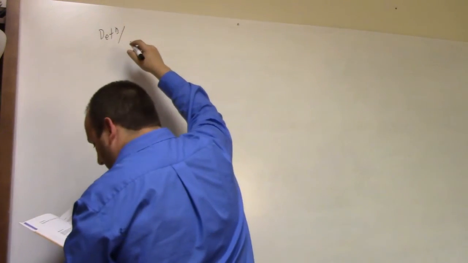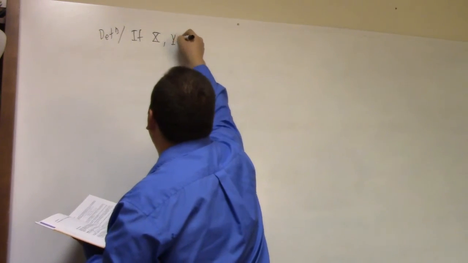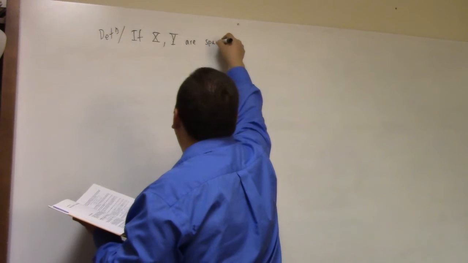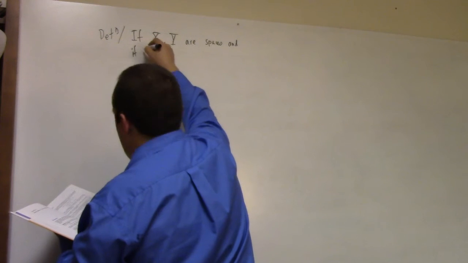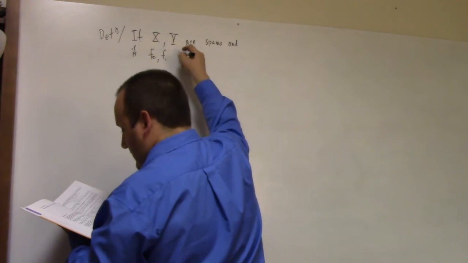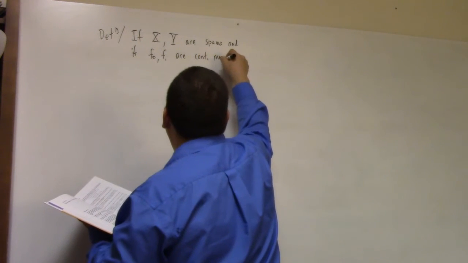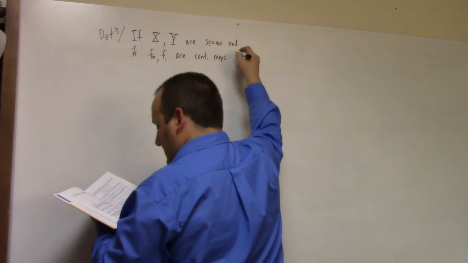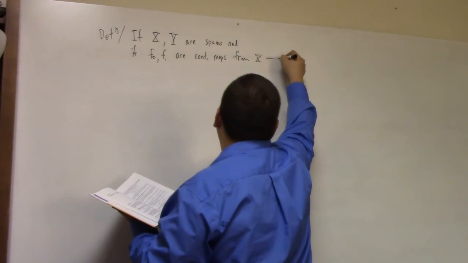Let's see here. If X and Y are spaces, I would assume topological spaces, and if F naught and F1 are continuous maps from X to Y, all right?